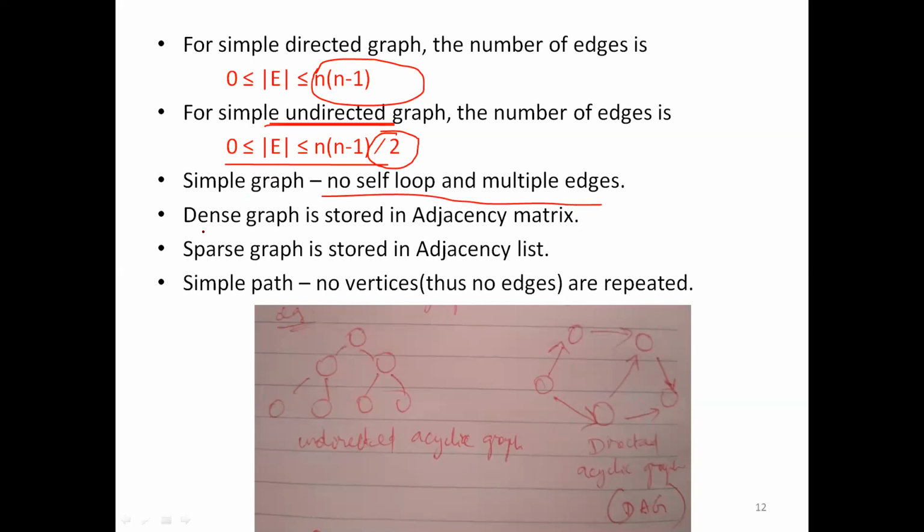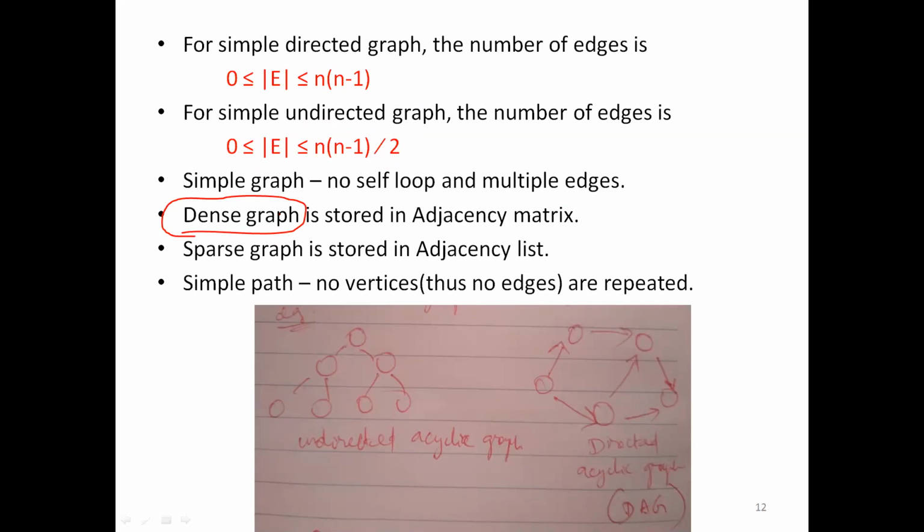Then coming to the point here, what is a dense graph? A graph consists of vertices and edges. If there are more edges in a graph, it looks more concentrated or dense, like every vertex is connected with each other.